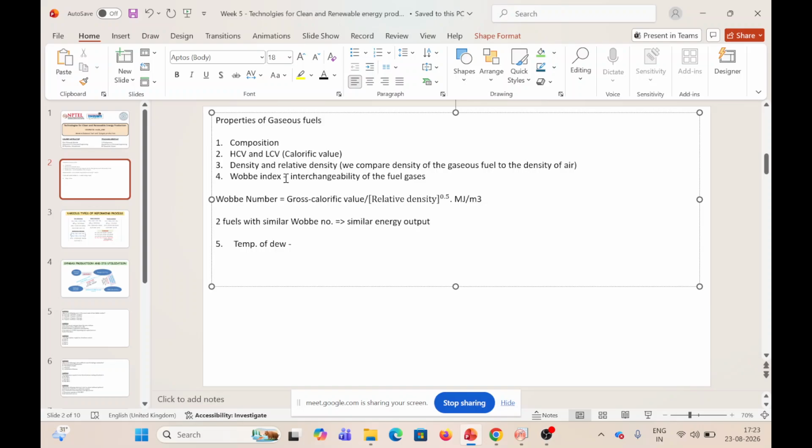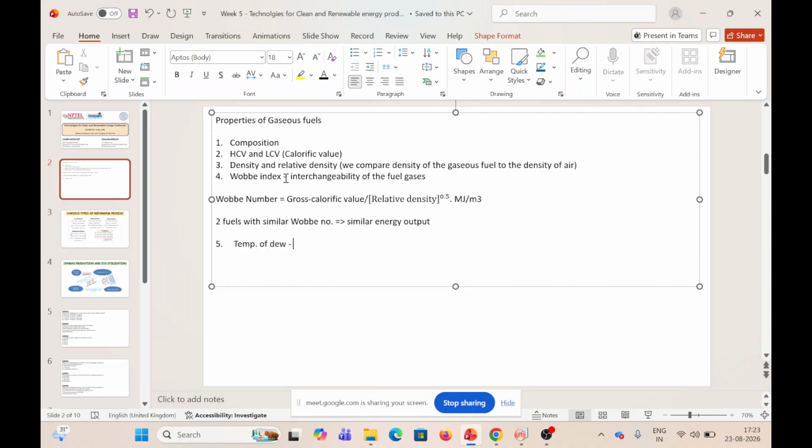The gas fuel that you take is going to be rich in hydrocarbons. When that gas starts to condense, that point is called the dew point, and the temperature at which this happens is called the temperature of dew.